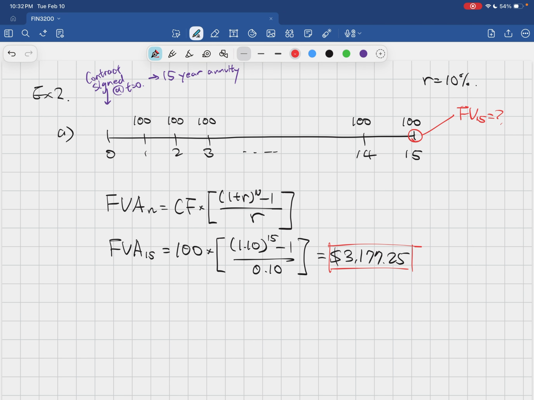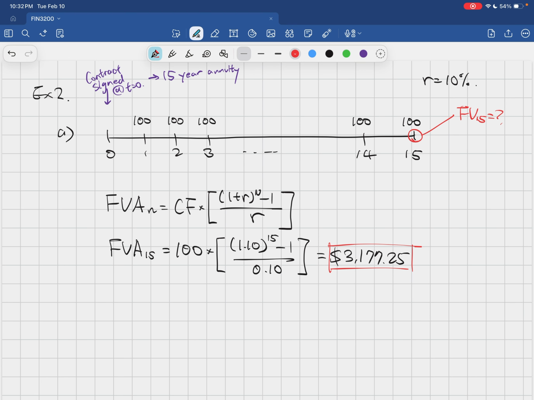Okay. So part B says, if you wanted to be able to withdraw $100 at the end of each of the next 15 years, earning 10%, what size one-time deposit would you have to make today? Okay. So the setting is slightly different, but the timeline remains the same.